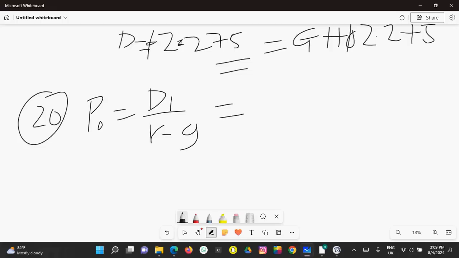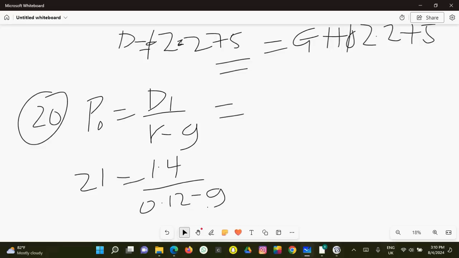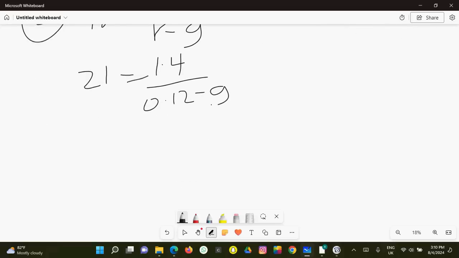So P0 here is 21, D1 is 1.4, R is 0.12, and G we don't know. That's what we are going to solve for. When we multiply this by this, we get 2.52 minus 21G.